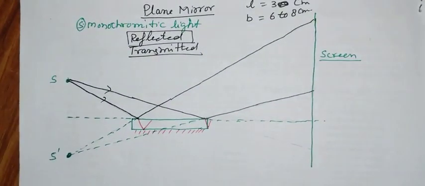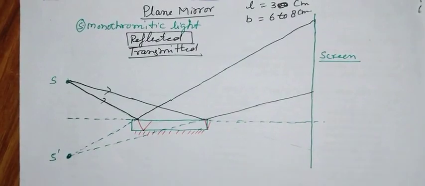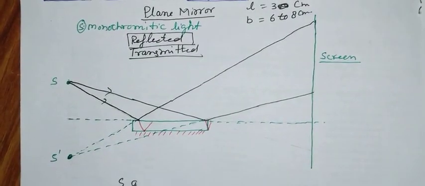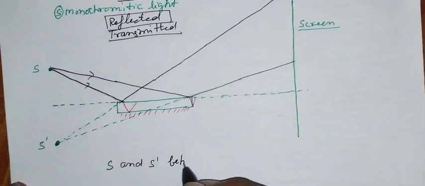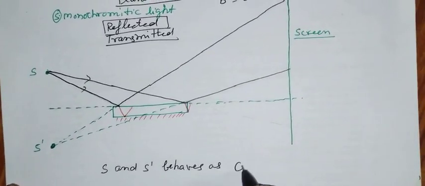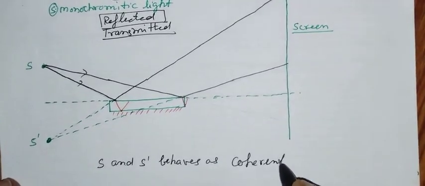So here S and S dash behave as coherent sources.